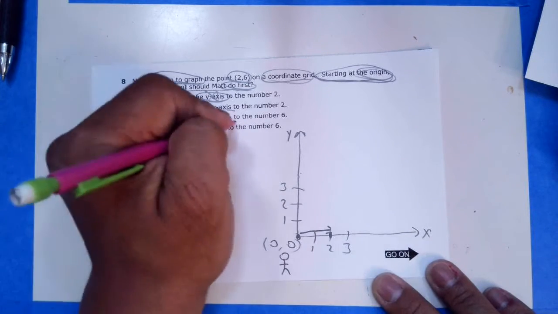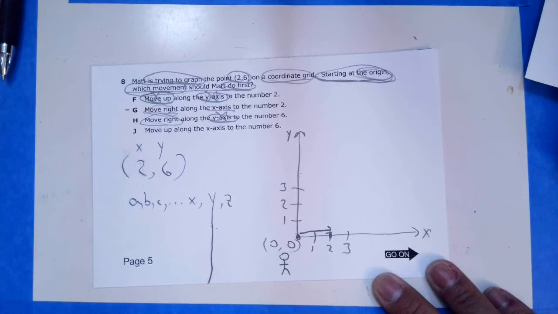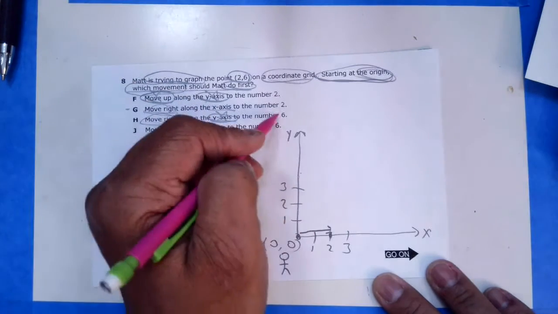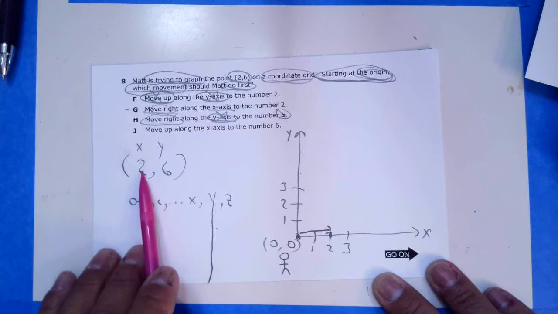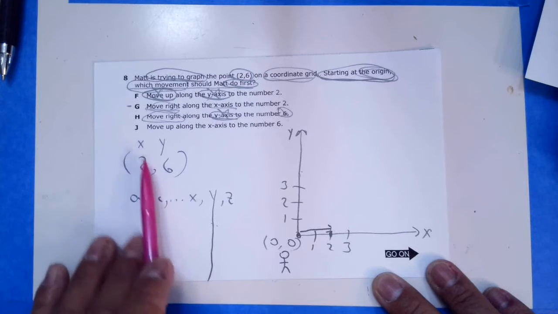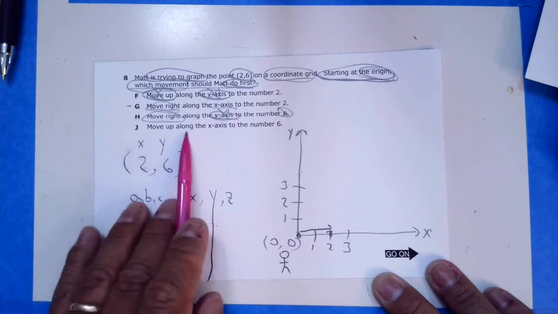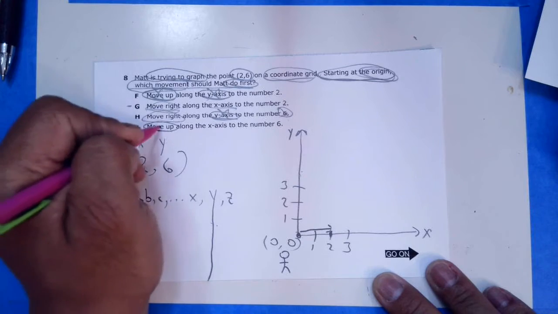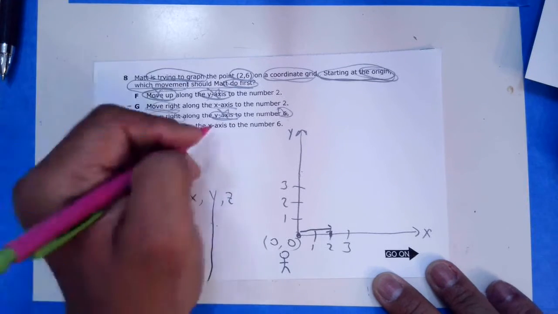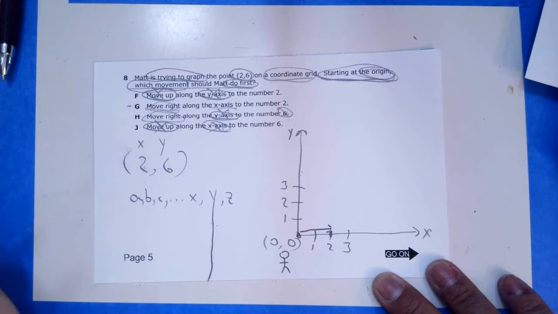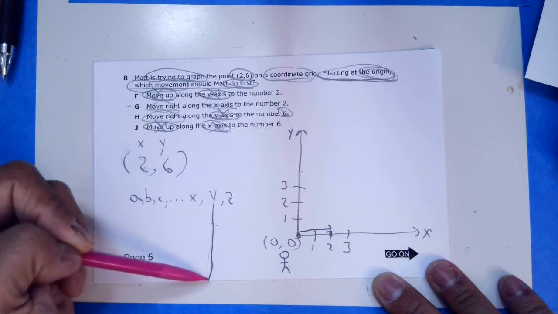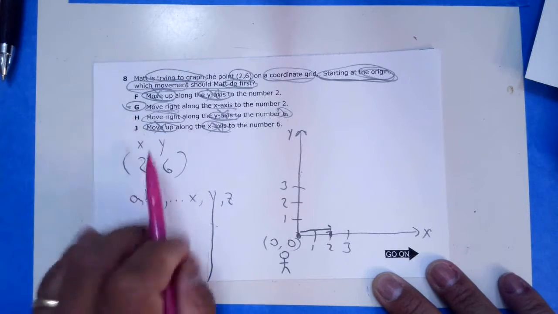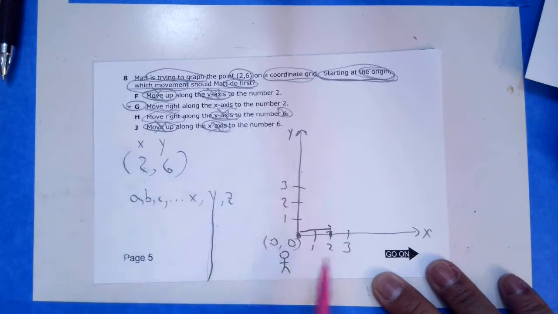That's not the y. This is 2 on the x-axis. Move up. Wait, move up? We're not moving up. On the x-axis, no. X is this way. Remember, that's why the tail is very long. Move right along the x-axis to the number 2. That's our first step.